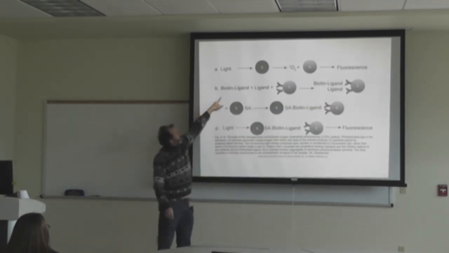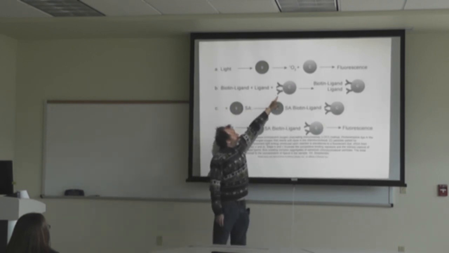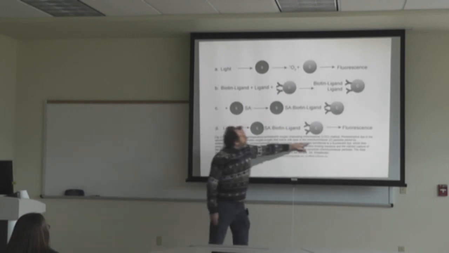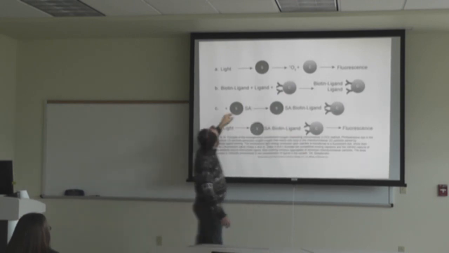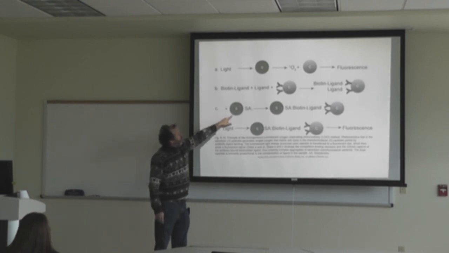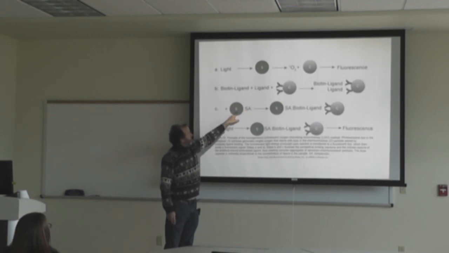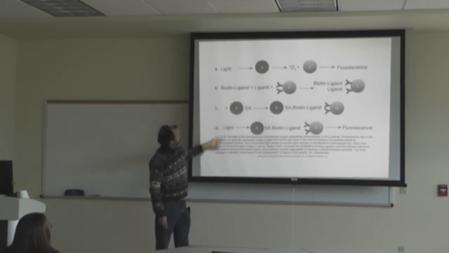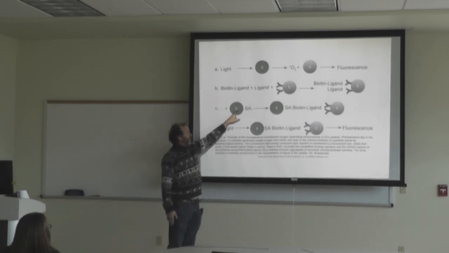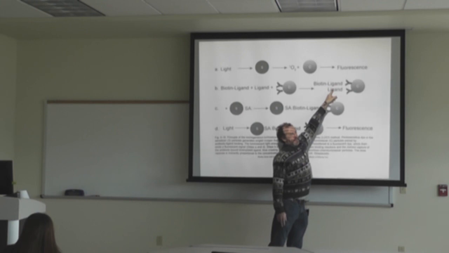So you have a biotin labeled ligand and a ligand that'll compete for binding sites on the chemiluminescer, and then streptavidin labeled to the, what do you call it? The sensitizer, which is required to be there. So that's labeled with streptavidin, so it'll only bind to the biotin labeled ligand.